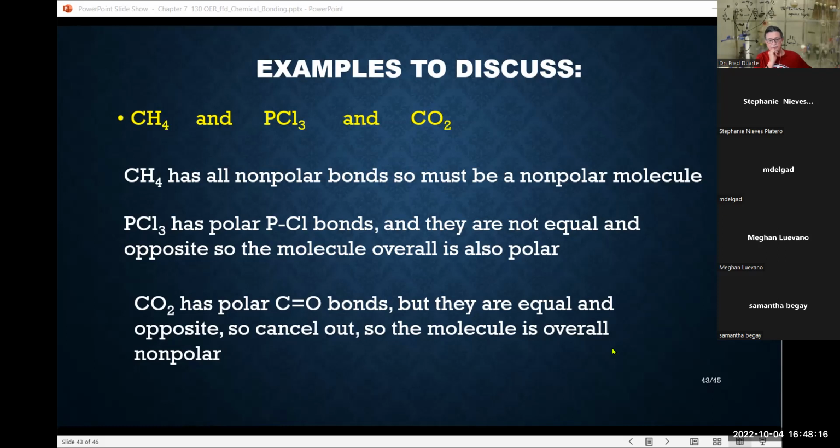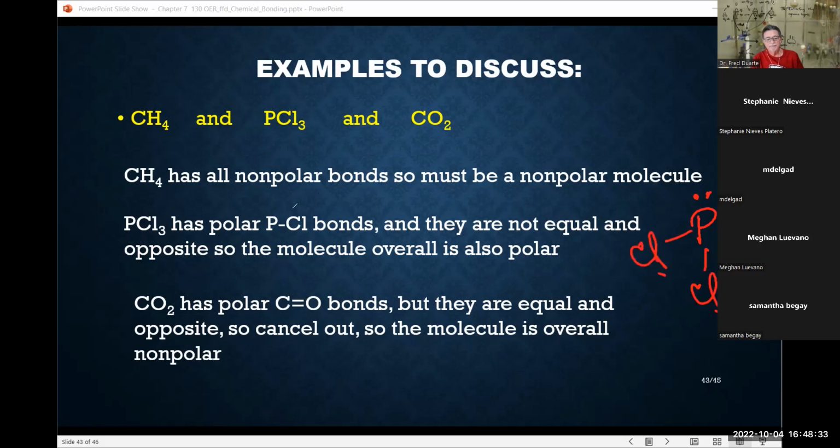Phosphorus trichloride is polar, because if we do the Lewis dot structure for this, you will see that you end up with a lone pair on the central atom.